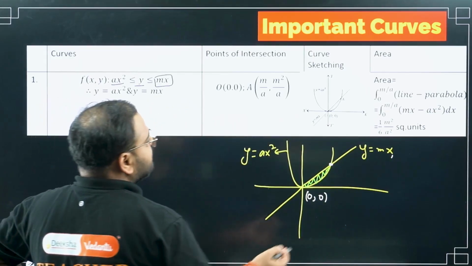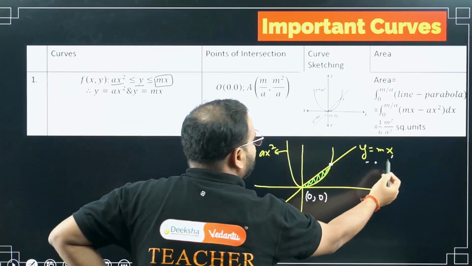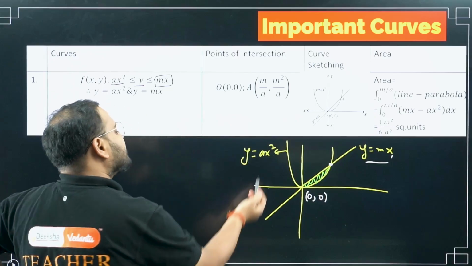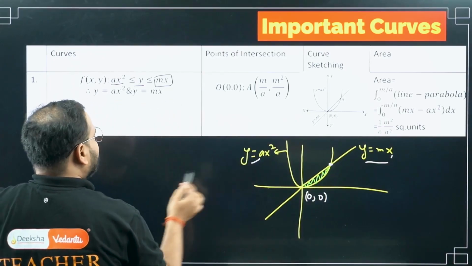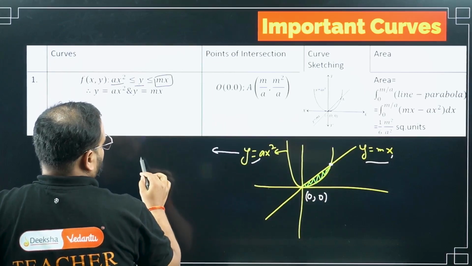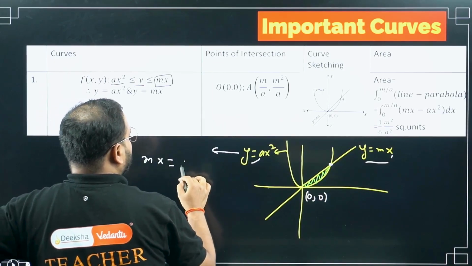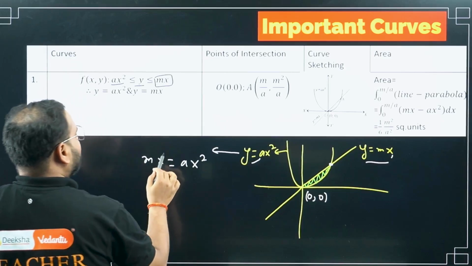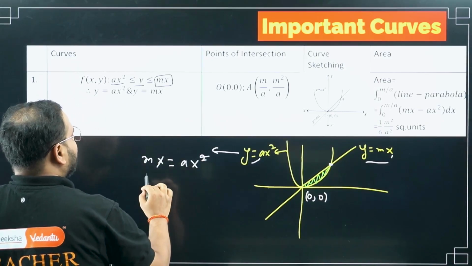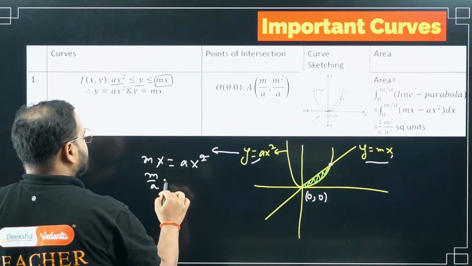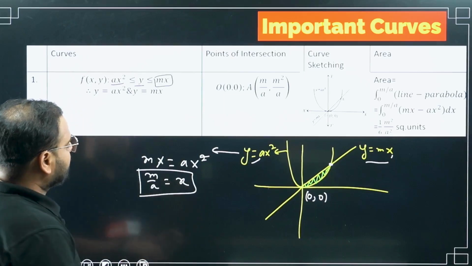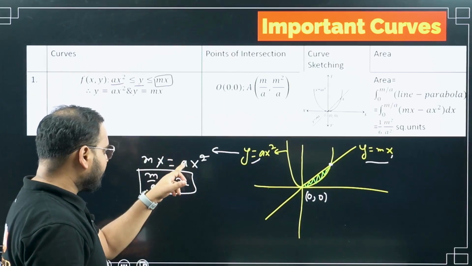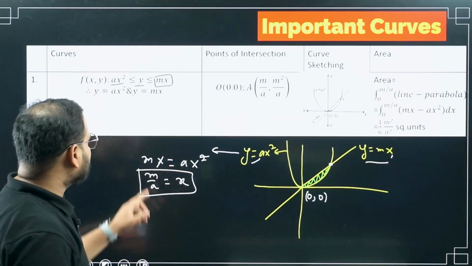Let's see. What is the y value from here? Whatever is the y value, mx, will satisfy this also, because they have a common point. So I can write mx equals ax square. I can cancel one of the x. What I get is m by a equals x, because there is one x left over and I can take a on the denominator like this, m by a.